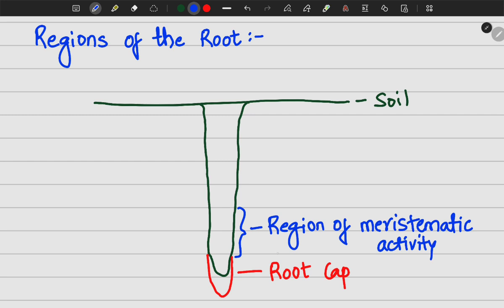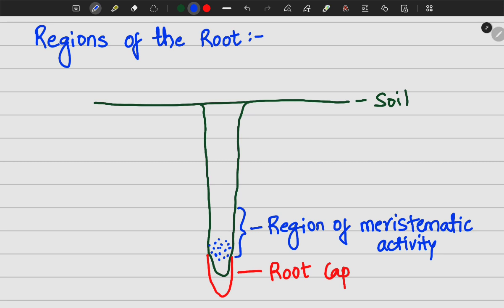Now what happens in this region is that the cells which are found here are very small, they are thin walled, and they have dense protoplasm, and they undergo active division. They undergo cell division very rapidly, and they form new cells continuously. Hence it is called the region of meristematic activity.